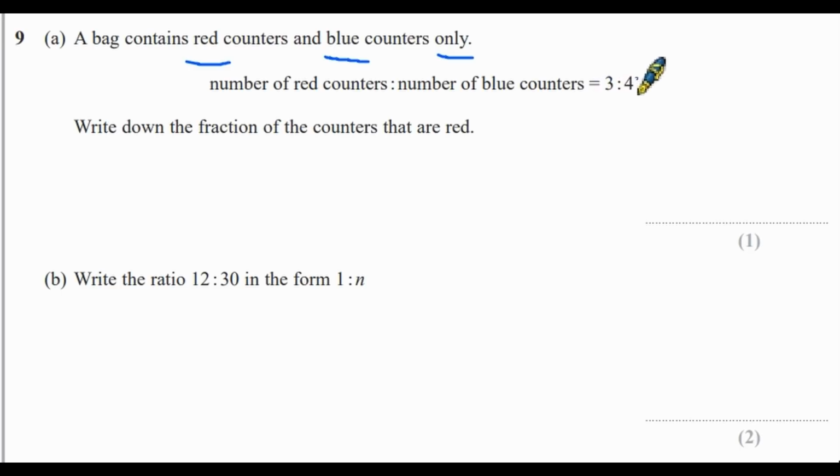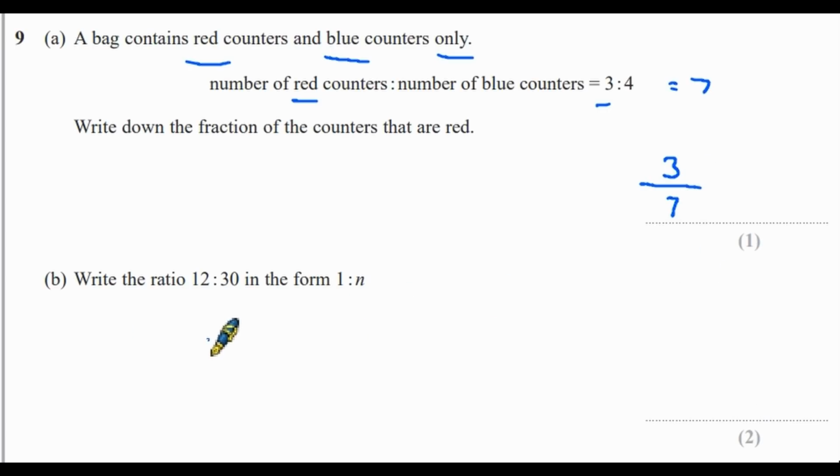So when we are looking at the parts in this ratio, the total number of parts is 7. Now that 7 is the bottom part of the fraction. Out of that 7 parts, how many of them are red? Well, red is on the left-hand side of the ratio, therefore it is 3. 3 out of 7 as a fraction, 3/7.